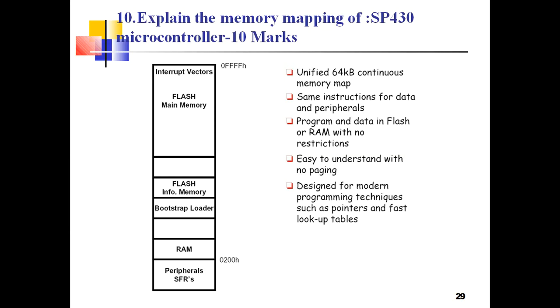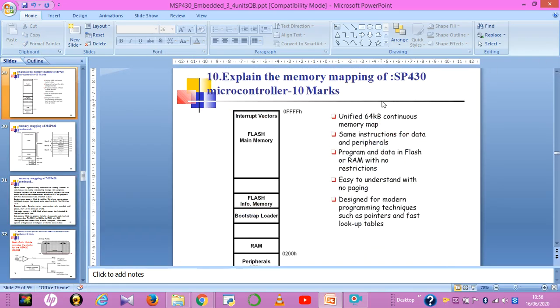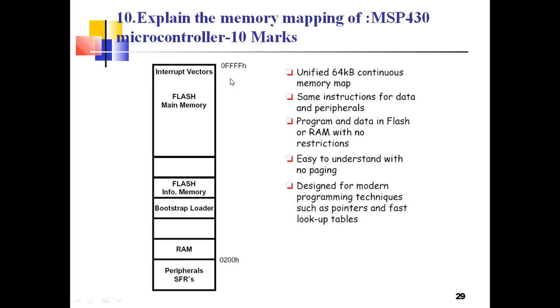Explain the memory mapping of MSP430. Now we'll see the MSP430 memory mapping, how the memory is organized for the MSP430. You can see here it starts from peripheral SFRs.